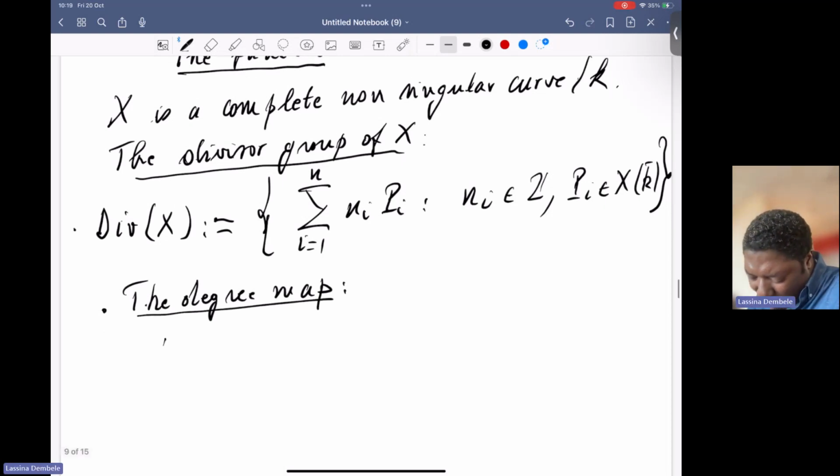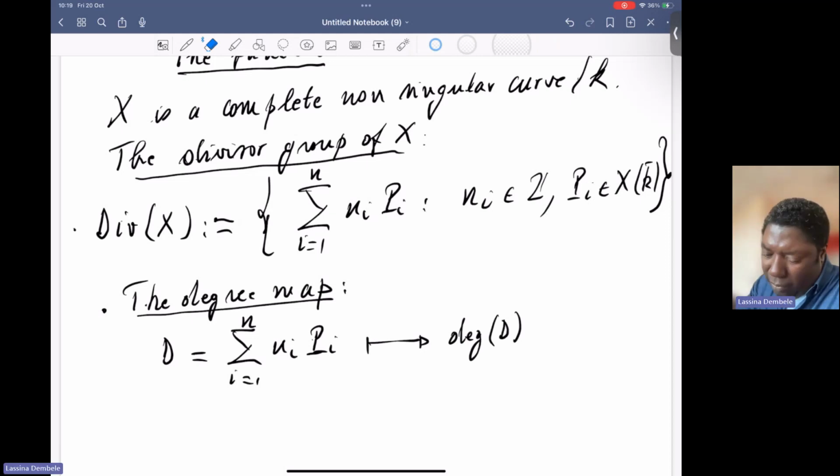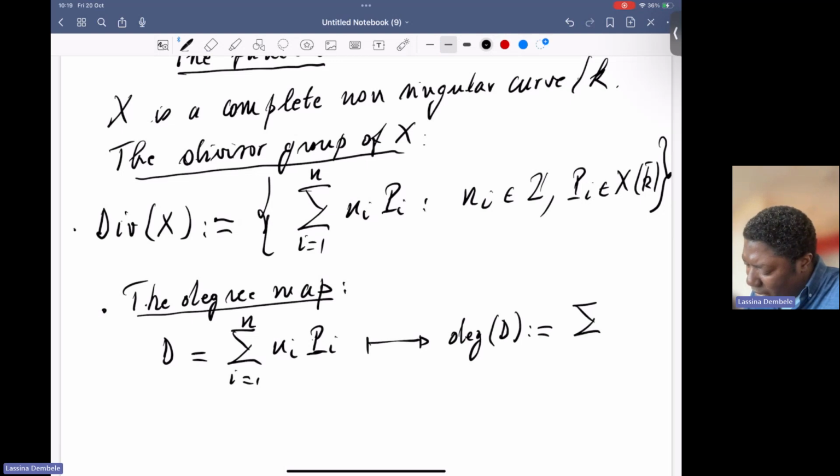So if you have a divisor D, which is given by the sum from i to n of n_i p_i, you just send it to the degree of D, being the sum of its coordinates. Okay, so that's the degree map.